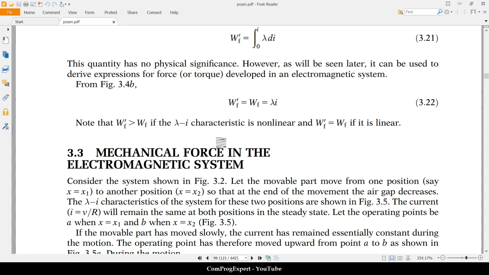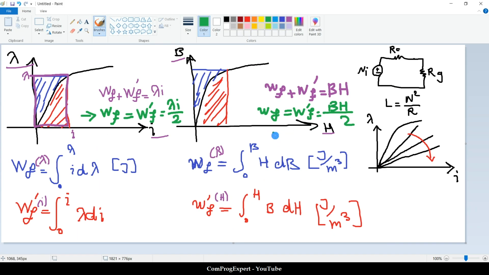We have this typo here anyway, you can check that in this reference. So this is a right, important derivation.